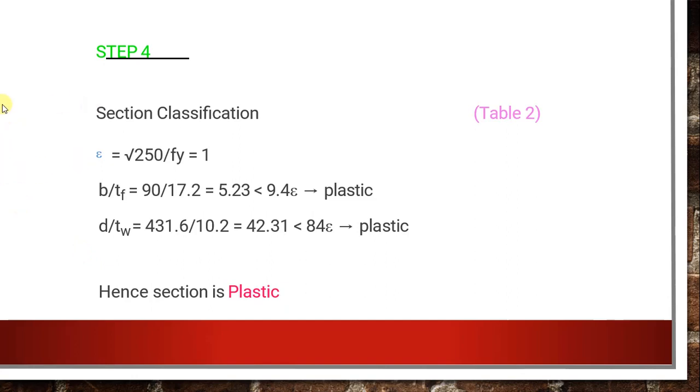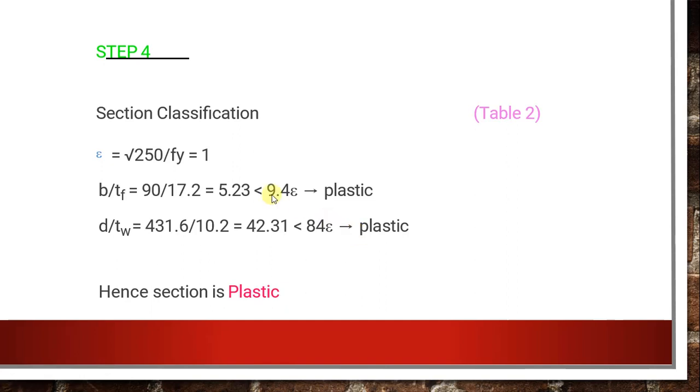Here you have to calculate the B by TF value, which is equal to 90, as B was given as 90 in the previous slide, divided by TF, 17.2, and you will get the value 5.23. It should be less than 9.4 epsilon E, then you conclude the section is in plastic state. The next classification is D by TW, equal to 431.6 divided by 10.2, which gives 42.31, and it should be less than 84 epsilon E, then we conclude the section is plastic.